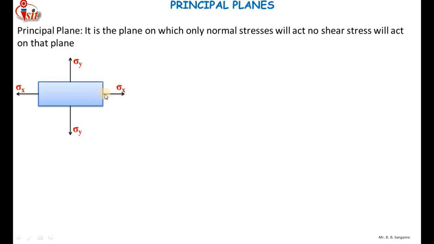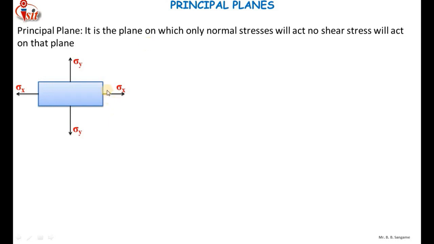So these vertical faces of this particular component and the horizontal faces of the component can be called principal planes, because on all these faces there is no kind of shear stress. According to the definition, it is the plane on which only normal stresses will be there.